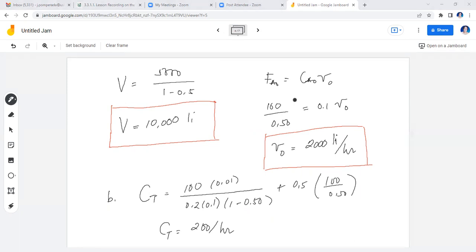How do you solve for the unit cost? The cost per unit, how would you solve for it? This is 200 per hour. What's the unit cost? How do you determine the cost of producing 1 unit?